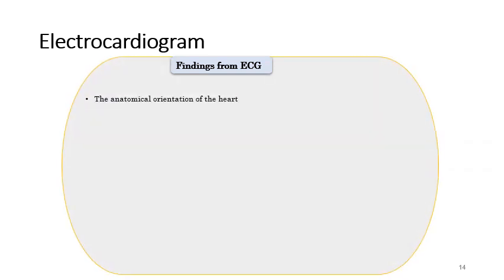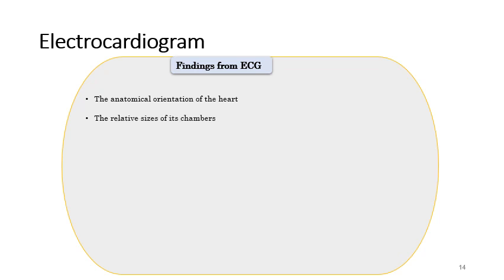The previous abnormalities are the most common ones that we want you to be familiar with in this course. To summarize, the findings we can see from the ECG: the anatomical orientation of the heart by determining the cardiac axis. Then we can know if there is hypertrophy in some parts of the heart or not.